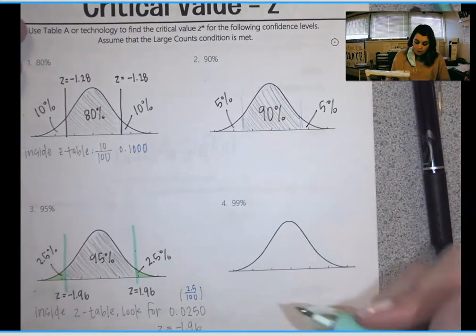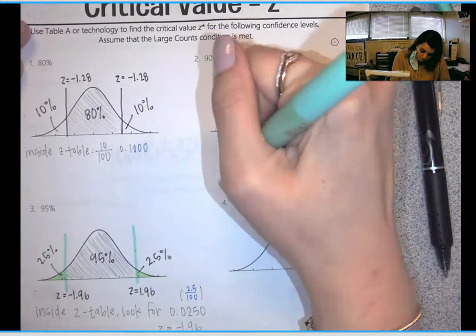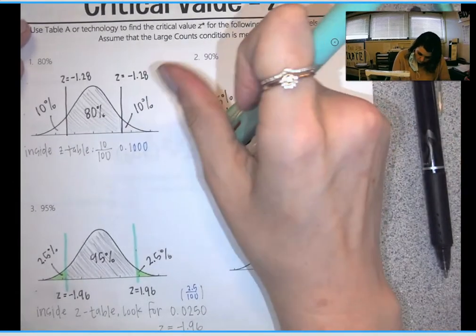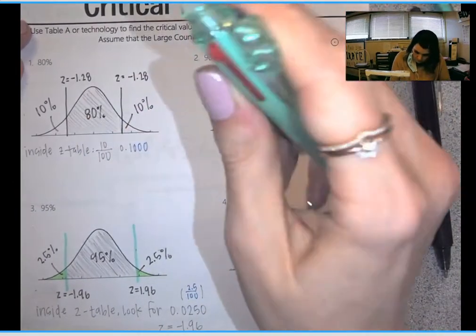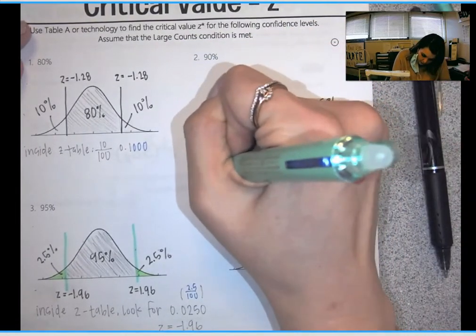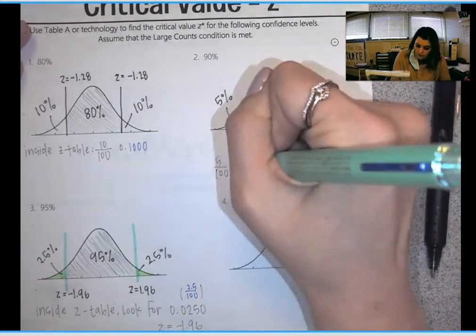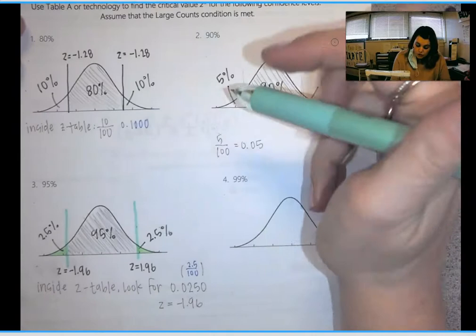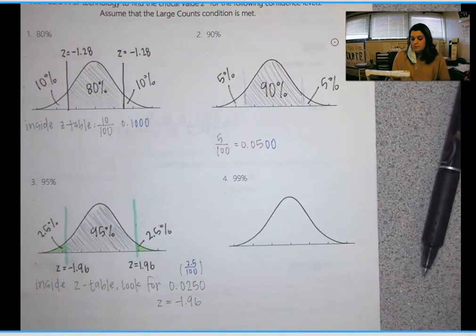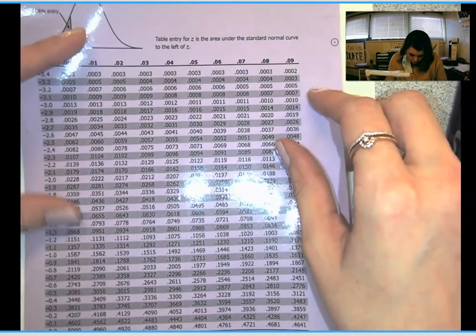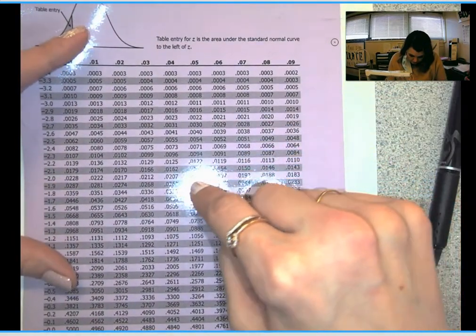So I'm going to look inside the table for 5 divided by 100. That gives me 0.05, and I'm going to add on 2 placeholders. I'm looking for 0.0500.